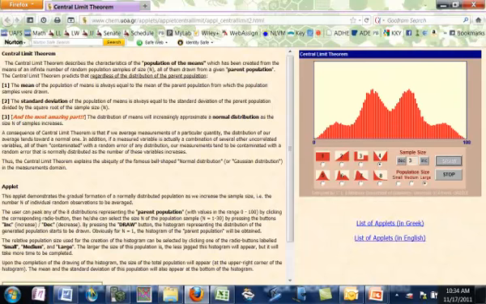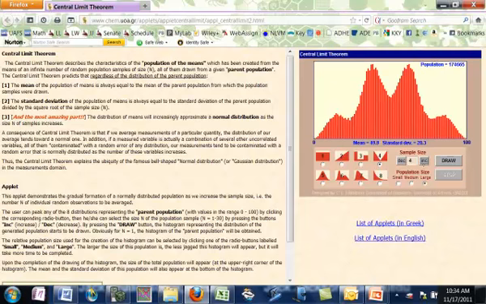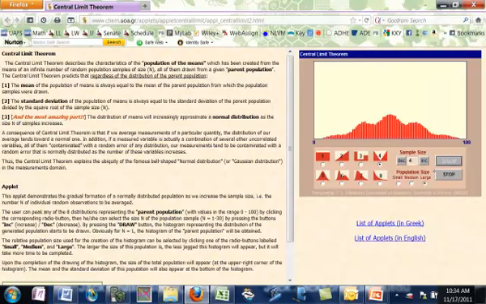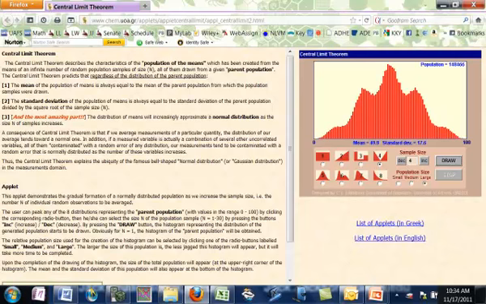But even with sample size 2, we did get that biggest peak in the middle. Here's with 3. Here's a sample size 4. We're going to see that peak in the middle here. With 5, we see the twin peaks toward the middle.